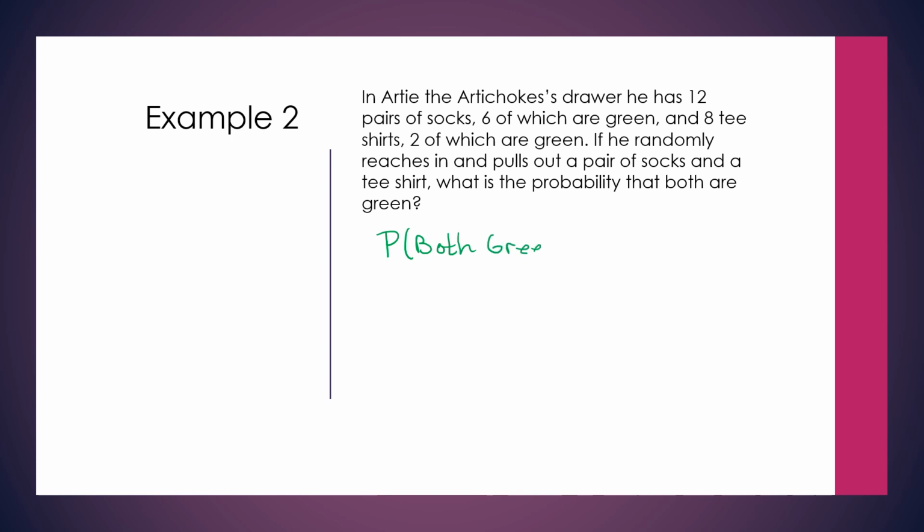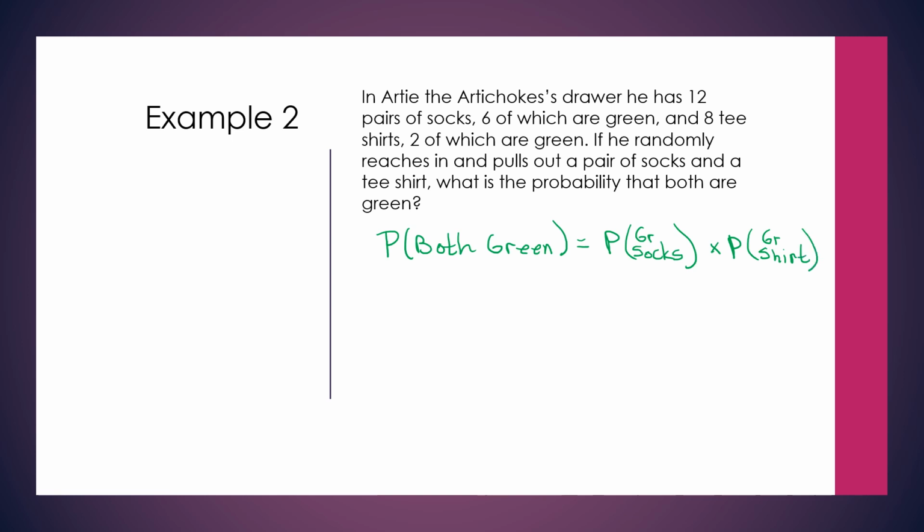And since picking socks and picking shirts are not going to influence each other, again, the probability of green socks this way, times the probability of green shirts will give us our formula. And then we just need to fill it in.